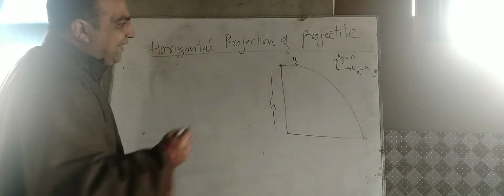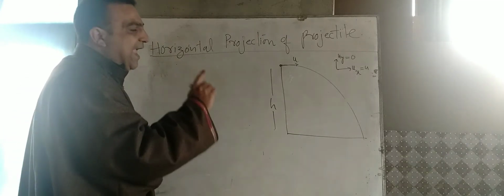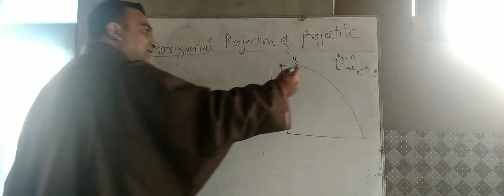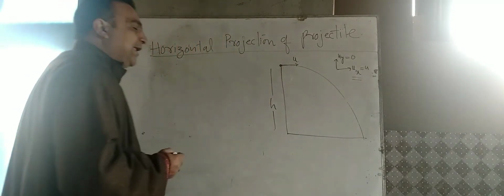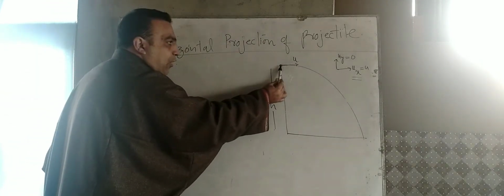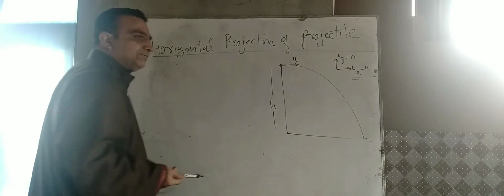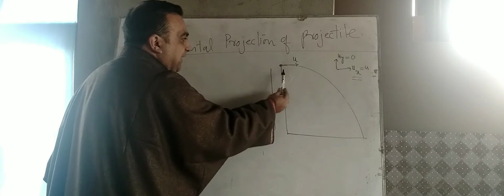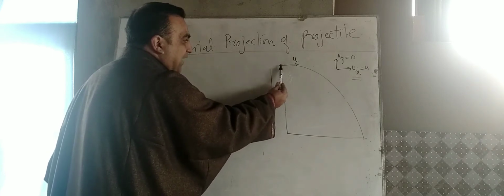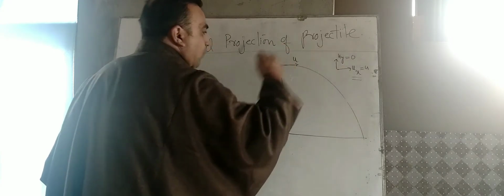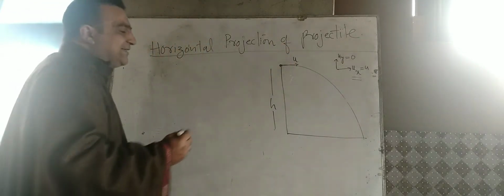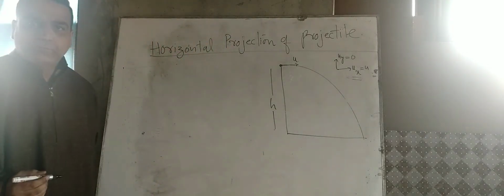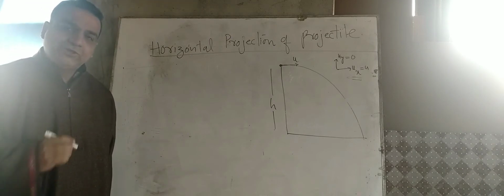The initial velocity of this projectile has only one component at this height, and that is the x component. There is no vertical component of initial velocity at this point. So the vertical initial velocity at the point from where the projectile is shot is 0. So we have ux as the initial velocity with which this projectile is shot.